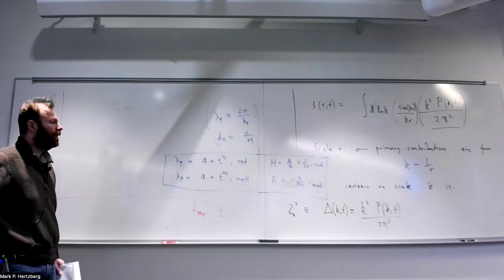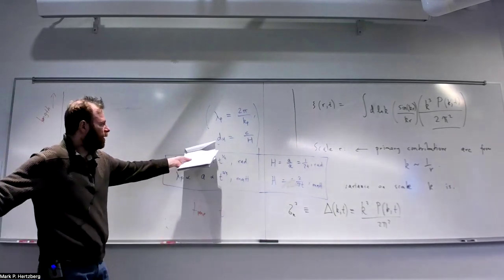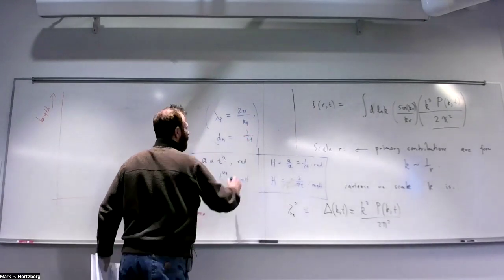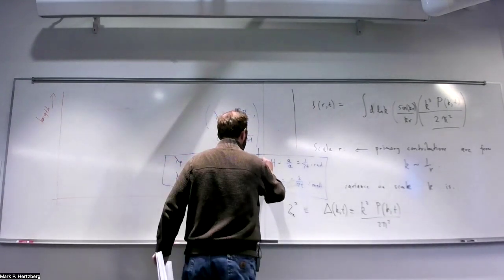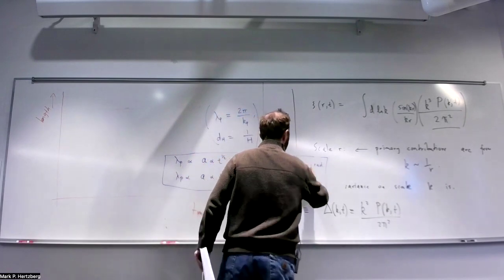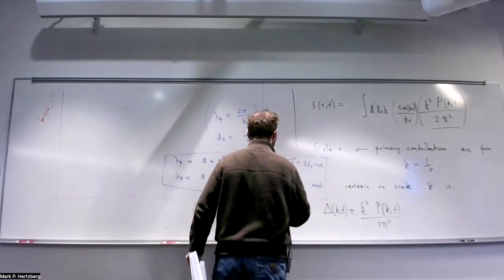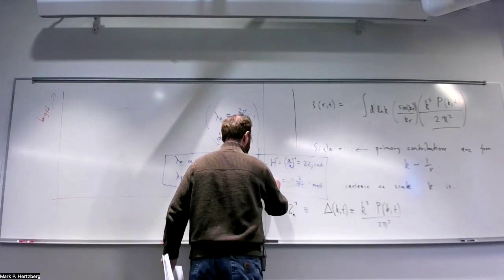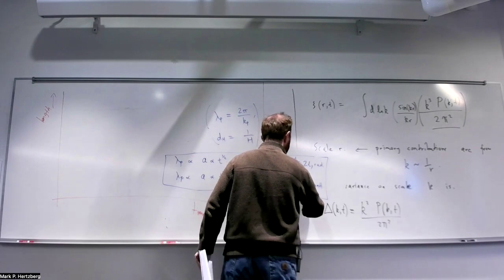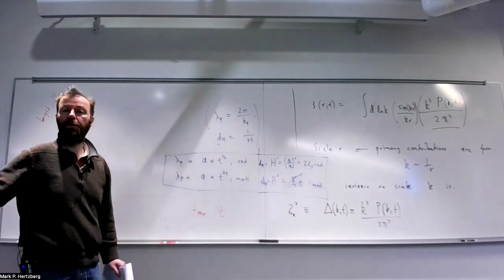So the Hubble length, which is just the inverse of this, where we set c to 1, would then be 2t, and then 3 over 2 t. Okay, so that's all we need to know.